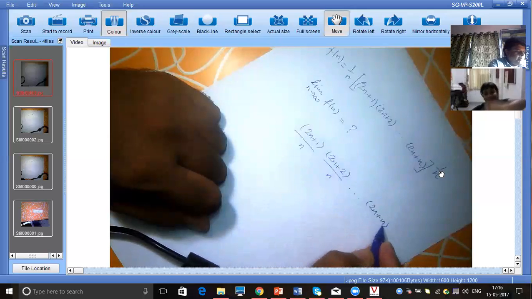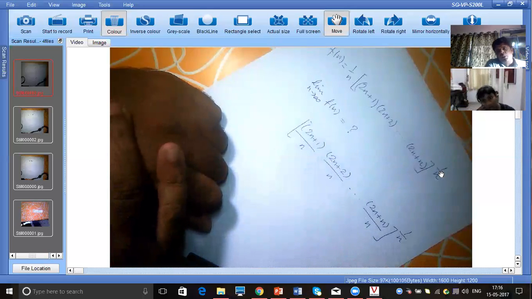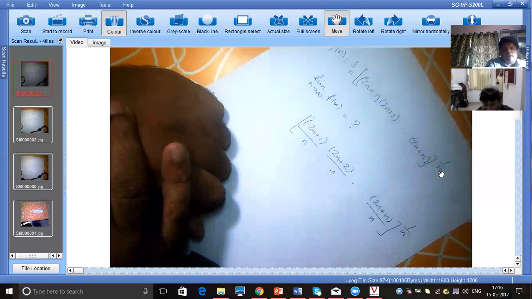Very good. So you get n to the power n, whole to the 1 by n, which gives you n. Now what then?